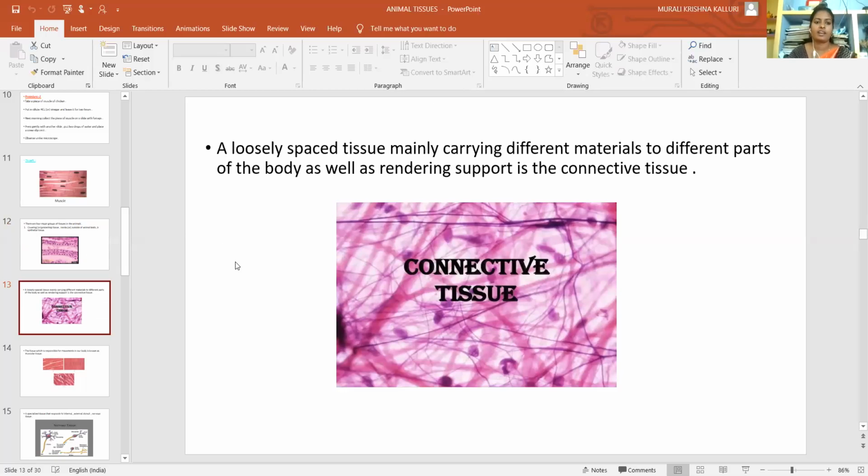Next one is the connective tissue. Where is it present, ma'am? Bone, blood, and cartilage.